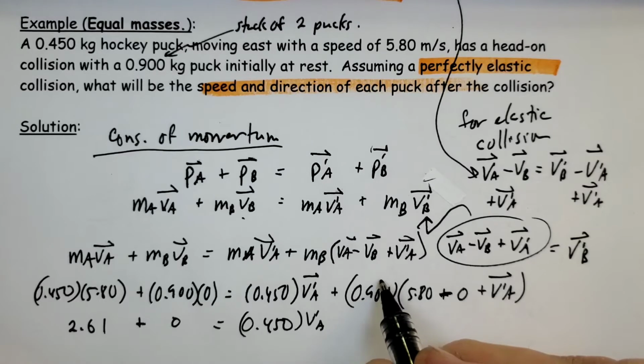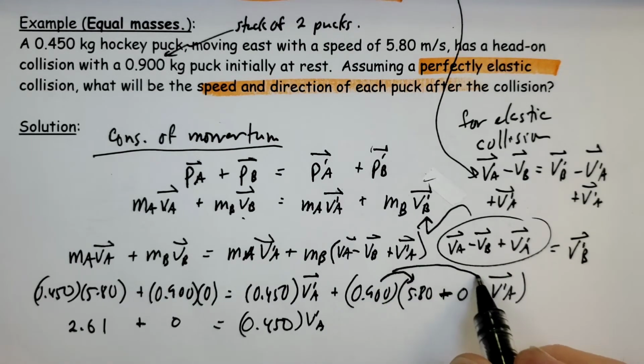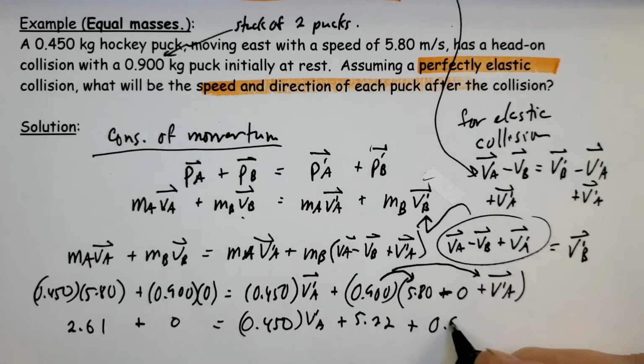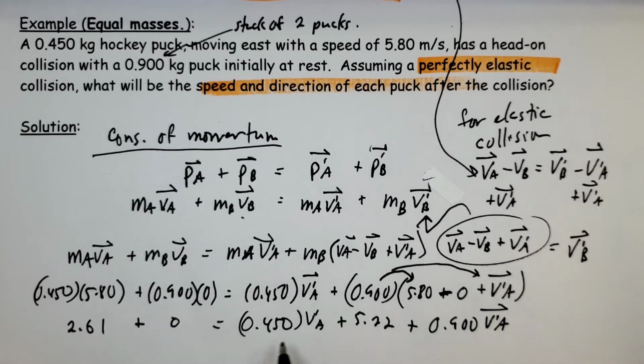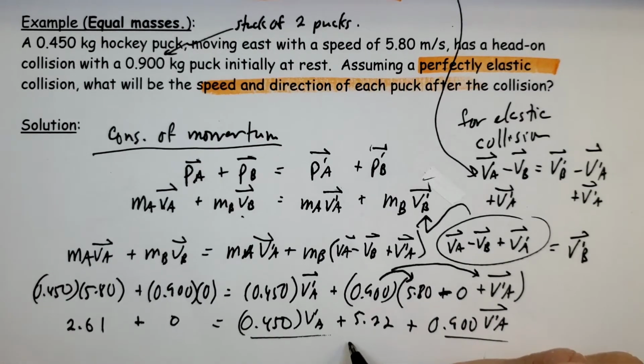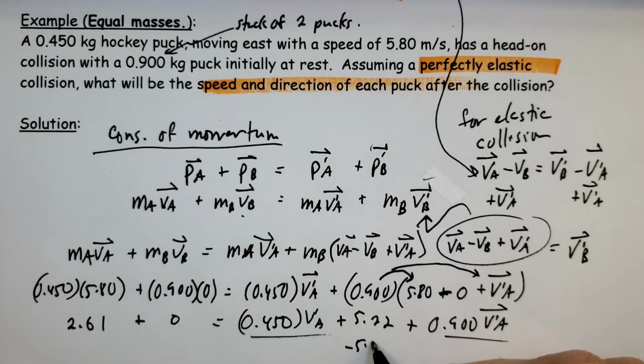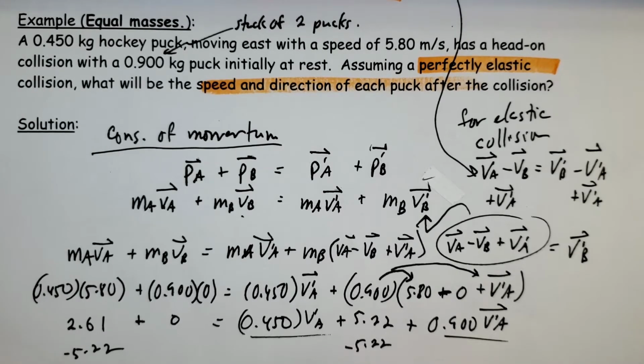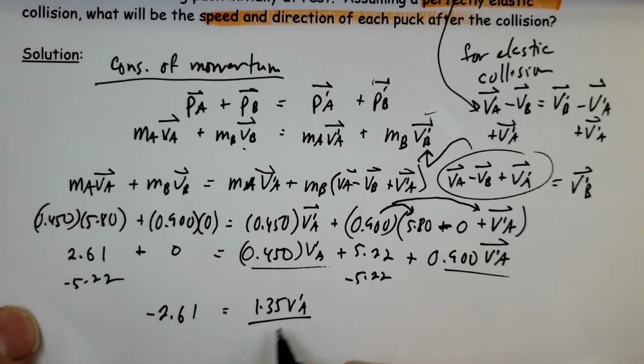So this is going to be 0, so 0.9 times 5.8, which is 5.22, and then 0.900 V prime A. And of course we can combine these, take the 5.22 to the other side, and combine this: 0.9 plus 0.45 is 1.35 V prime A. And then 2.61 minus 5.22 is negative 2.61. And then divide by 1.35.